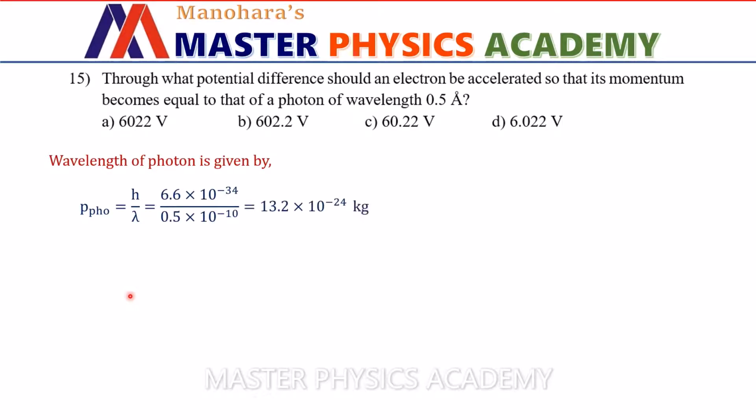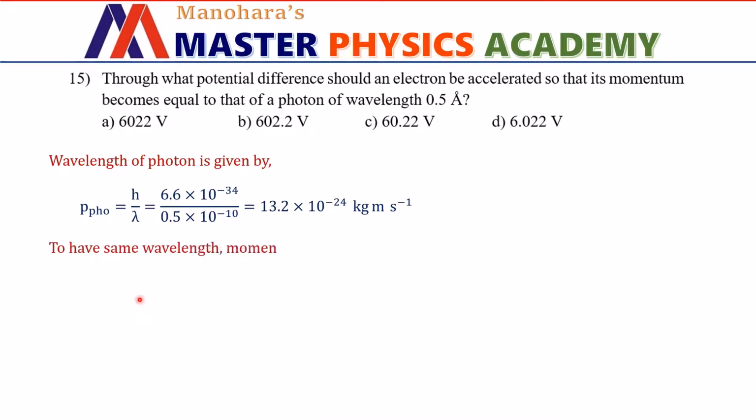Substituting, we get the photon momentum as 13.2 into 10 to the power minus 24 kg meter per second. To have the same wavelength, the photon momentum and the momentum of the electron should be the same. That is, electron momentum is equal to photon momentum.